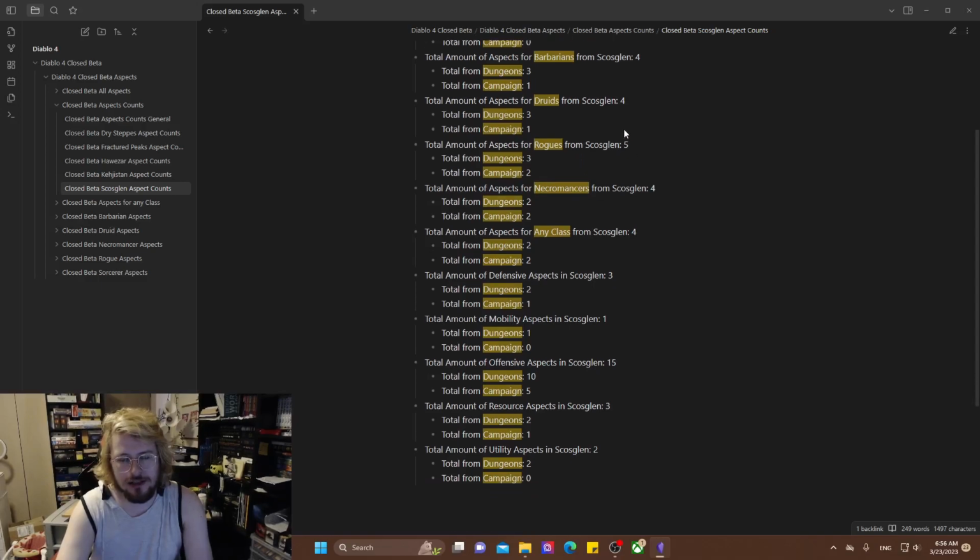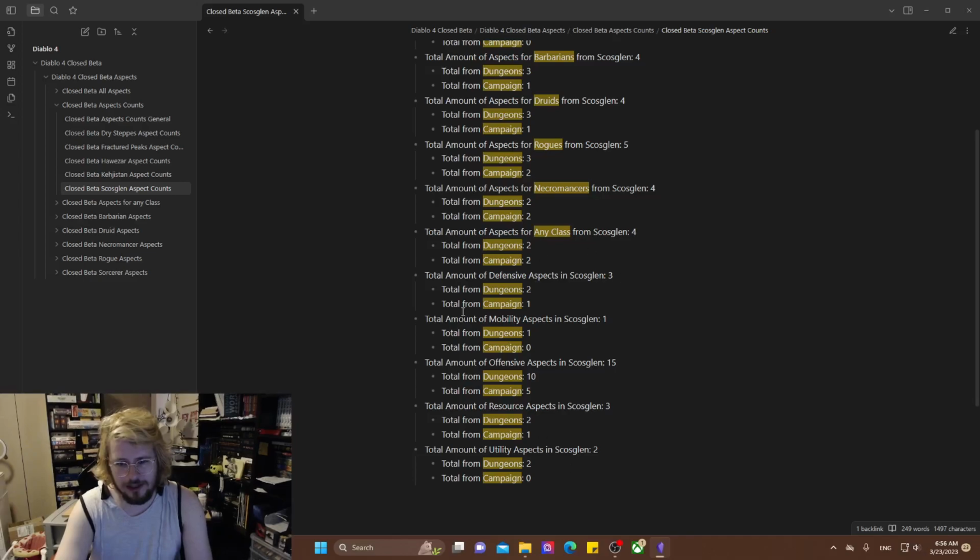The druids have again 4 aspects, 3 from dungeons and 1 from campaign. The rogue has 5, with 3 from dungeons, 2 from the campaign. The necromancers have 4, 2 and 2, and all classes have an additional 4 with 2 and 2 from dungeons and campaign.